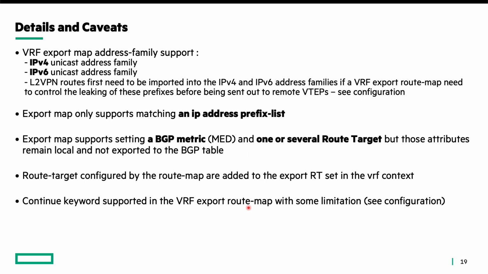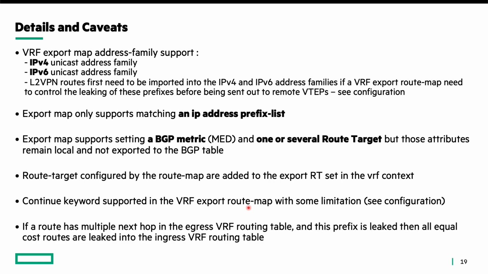Here we can use this continue, but only if the set action in the further sequence will be a metric. It's not possible yet today to set route targets in different, I would call them cascaded, sequences. Now, if a route has multiple next hops, all the next hops, so all the ECMP routes, will also be leaked to the ingress VRF.